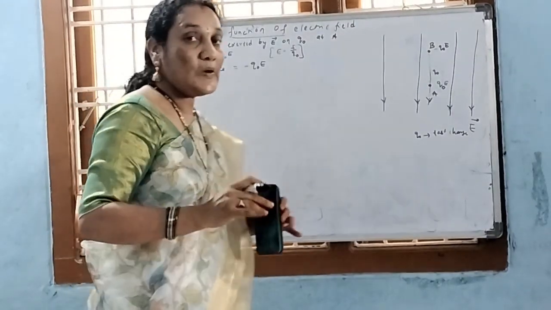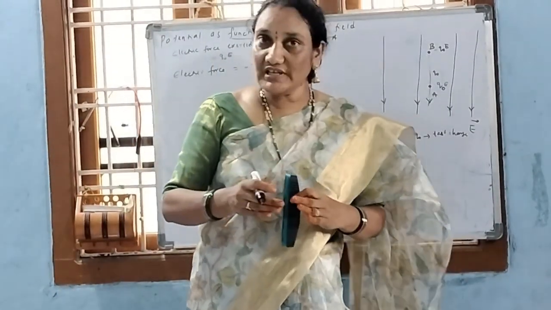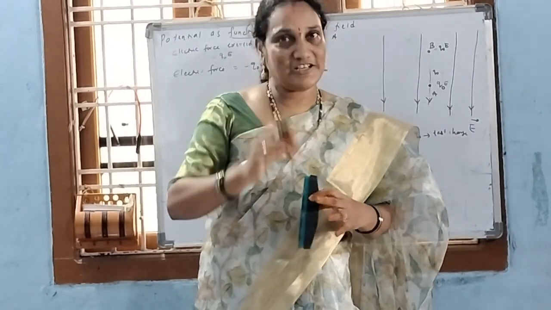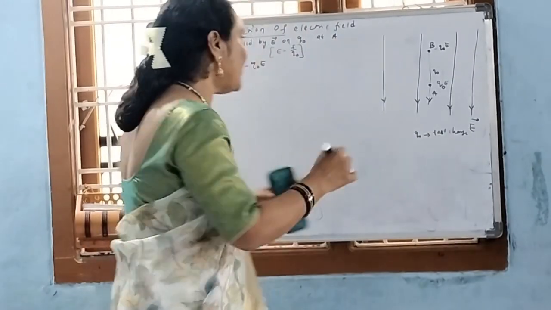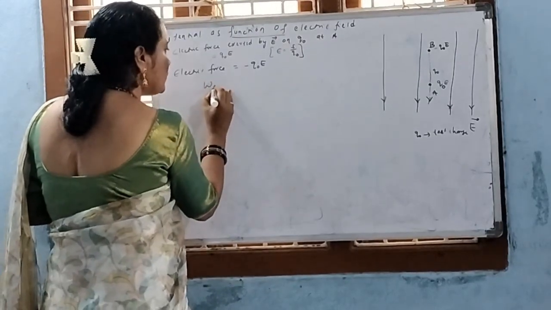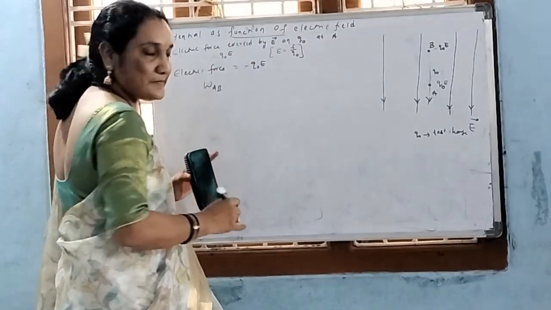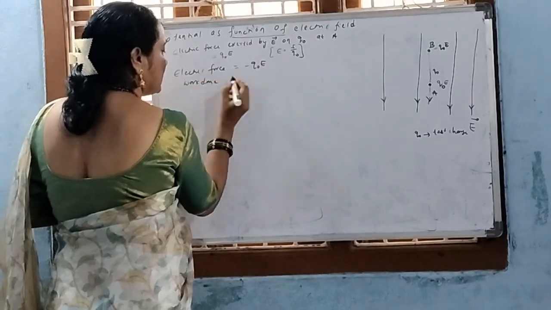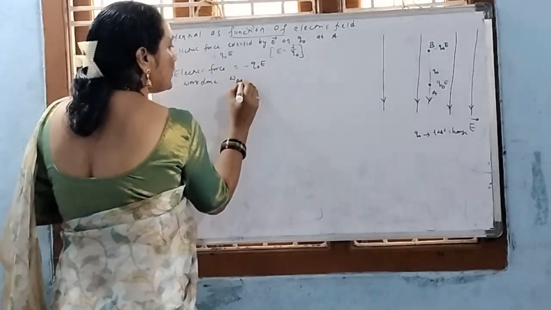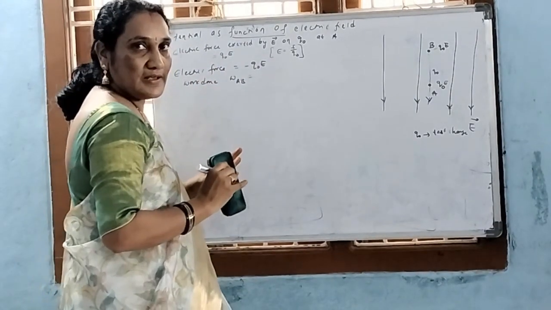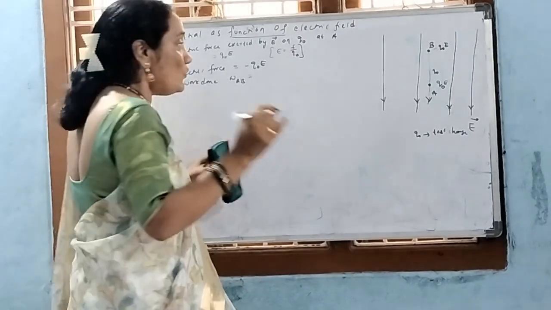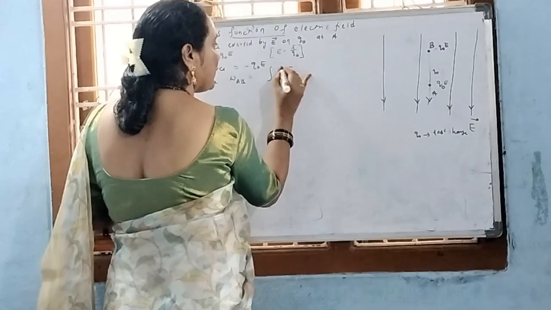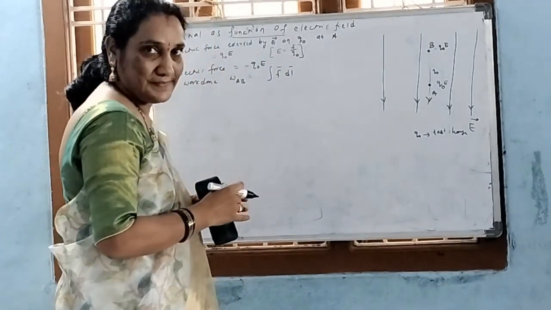In order to move this Q0 from A to B, some work has to be done. The work done in moving Q0 from A to B, we write as WAB. What is the formula of work done? Integral F dot dl.